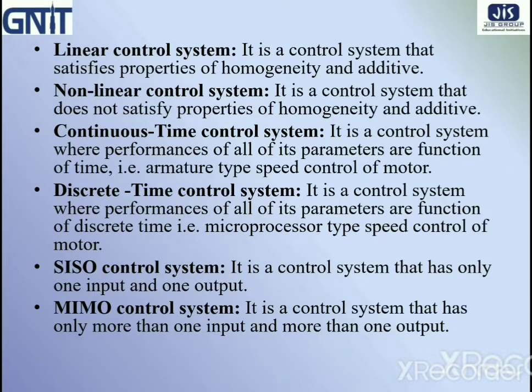For example, armature type speed control system is a continuous time system, and in a discrete time system, the parameters are the functions of discrete time.